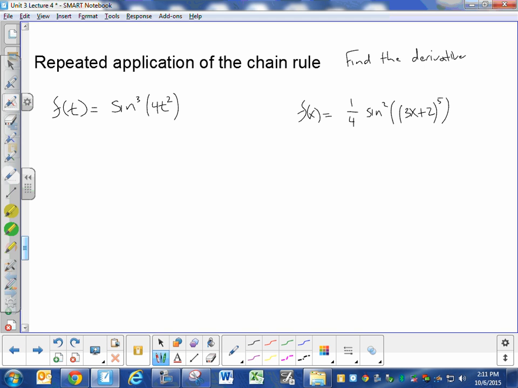Definitely copy this one down so you can see how it works. If I rewrite this function using parentheses, we will note that I have 3 things going on. Of the sine of 4t squared, all being cubed.